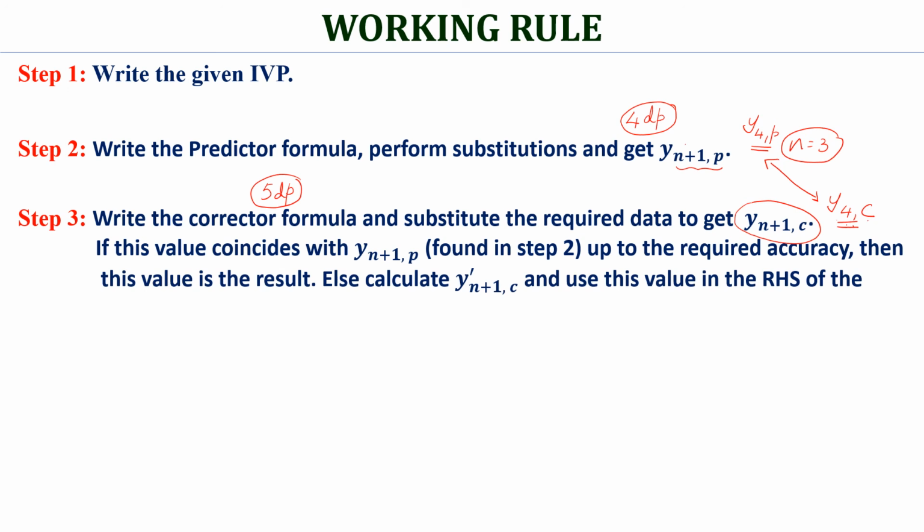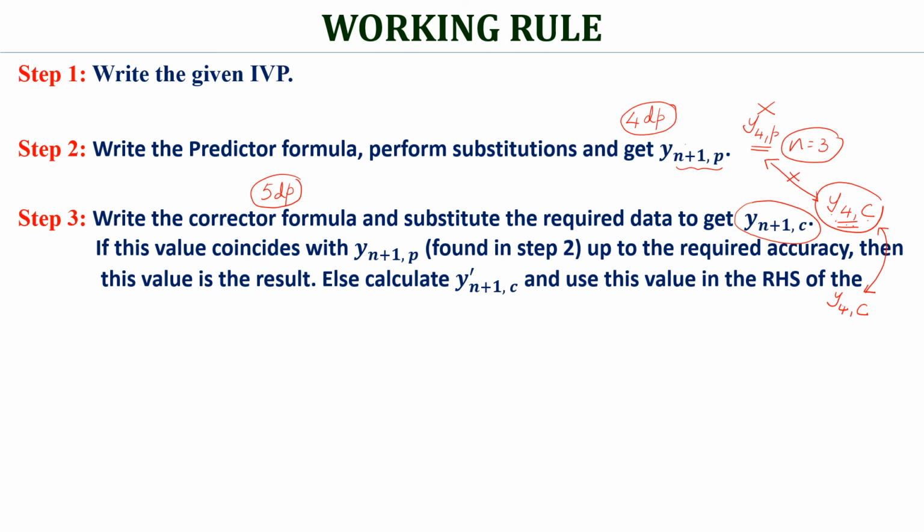But if there is a discrepancy, if these two values do not coincide correct to 4 decimal places, I will have to now use this new value of y4c. I am forgetting y4p then. I will have to use this new y4c again in the right hand side of the corrector formula and get another value of y4c as I explained earlier. Then the verification is done between the old y4c and the new y4c. So y4p is totally scrapped off.